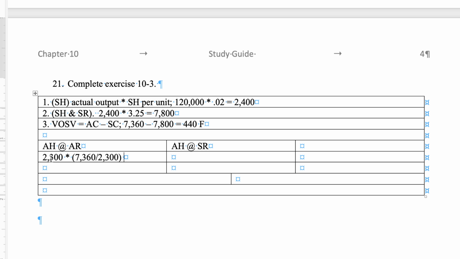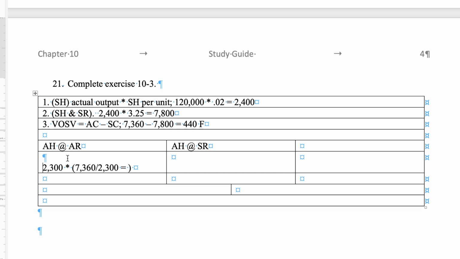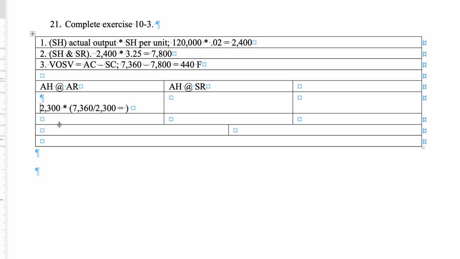So in the parentheses here, that ends up actually being $3.20.